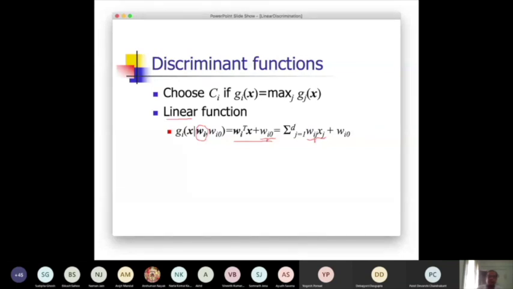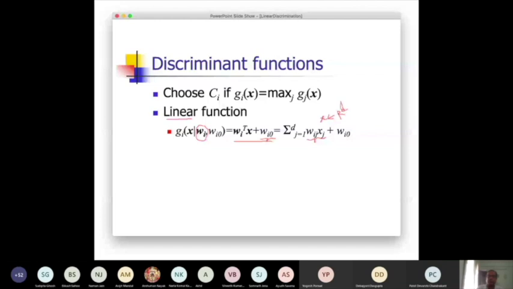And if your feature vector is of d dimension, then for the d-dimensional feature vector you have these corresponding operations. You can see that the feature vector is an element of a d-dimensional space.